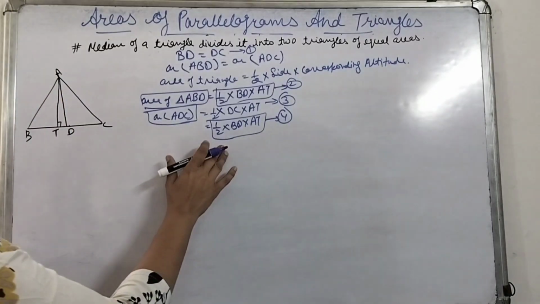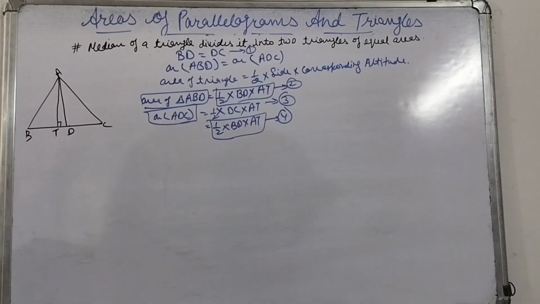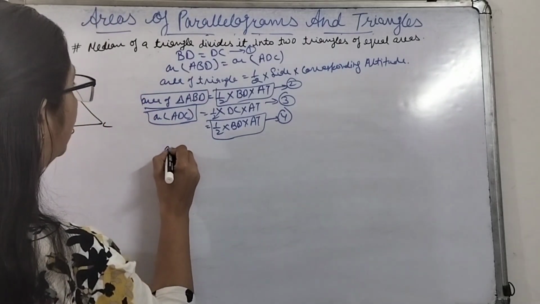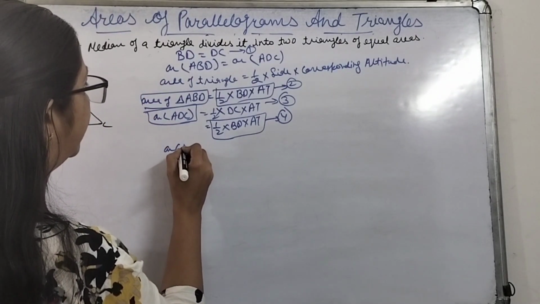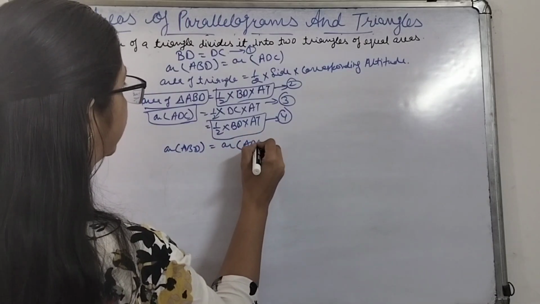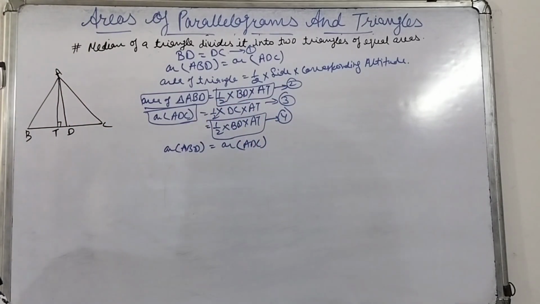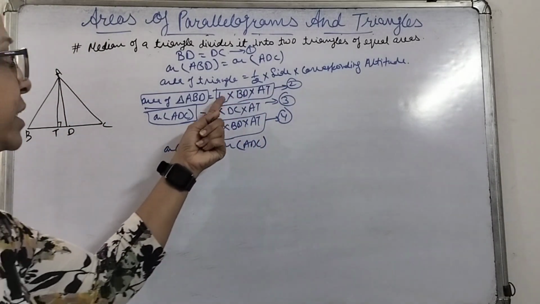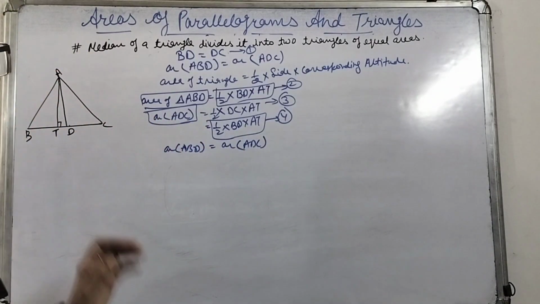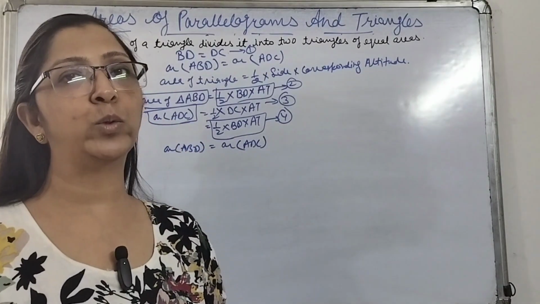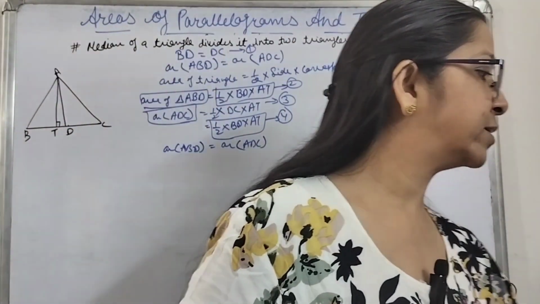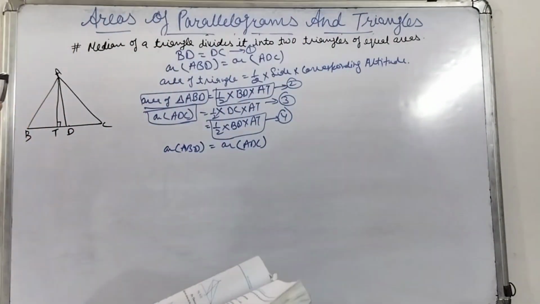So we can say that the median of a triangle divides it into two triangles of equal areas. Now let's understand some of the questions from exercise 9.3.